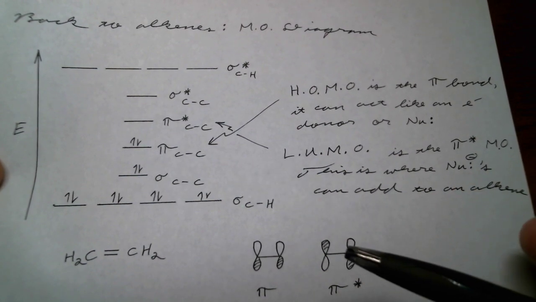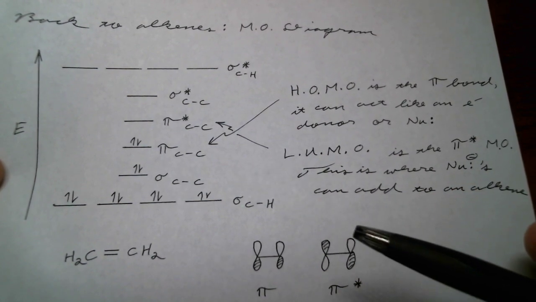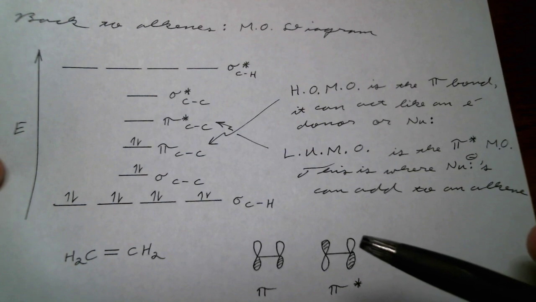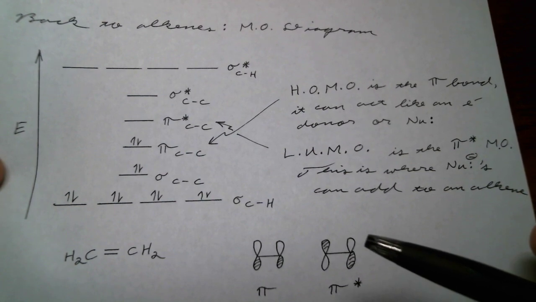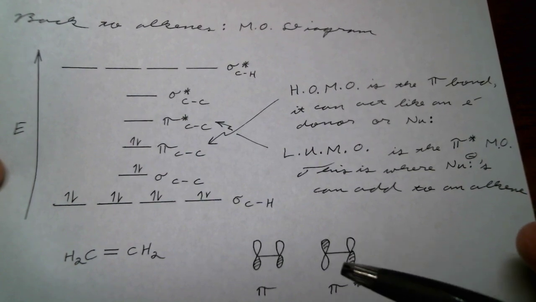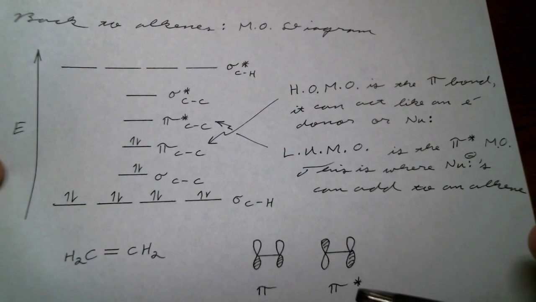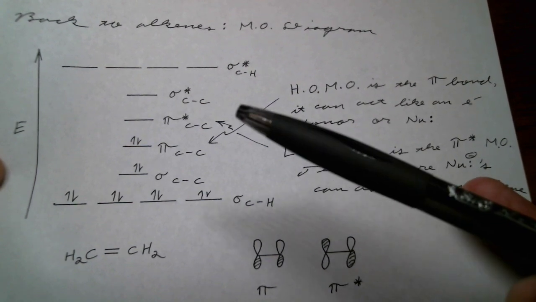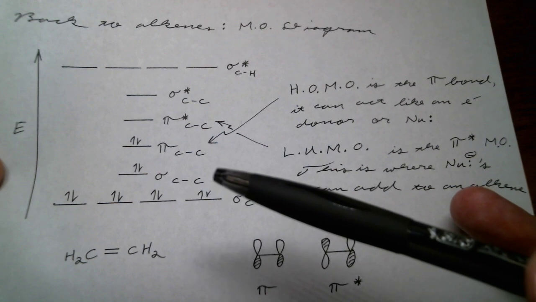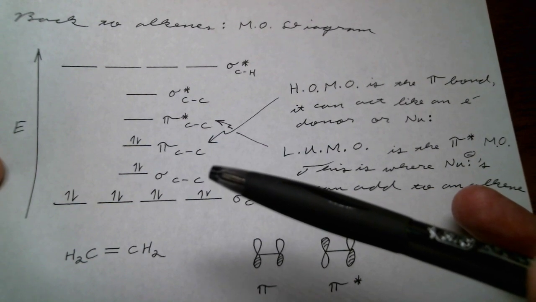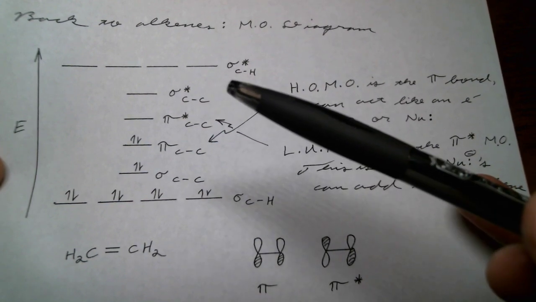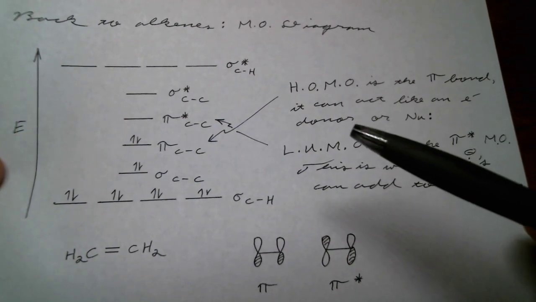And the other combination for those two p orbitals is one in which the lobes are out of phase on the same side of the plane formed by the molecule, in which case they cannot overlap, and this is our pi antibonding molecular orbital. Of course, if we have a sigma cc bonding molecular orbital, we must have a sigma star cc antibonding molecular orbital.